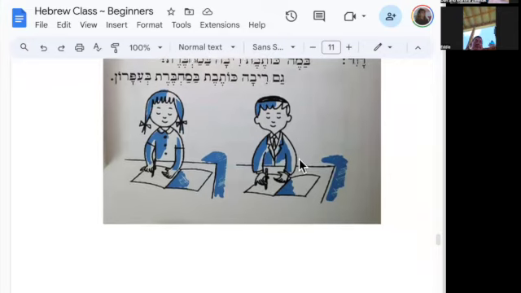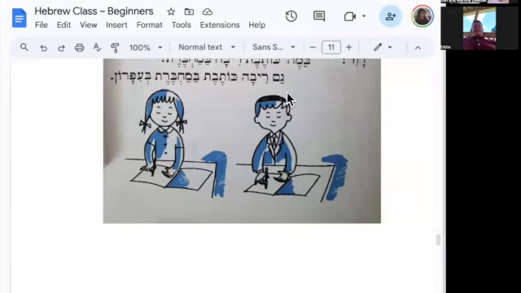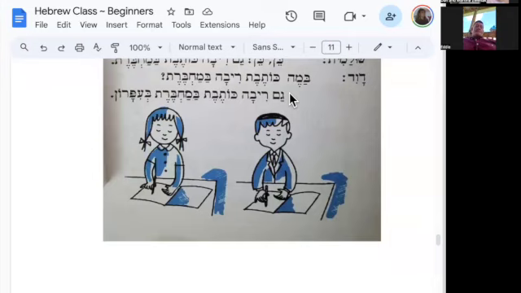Shulamit: Gam Riva kotevet bamachberet be'iparon. Riva also is writing in a notebook with a pencil.